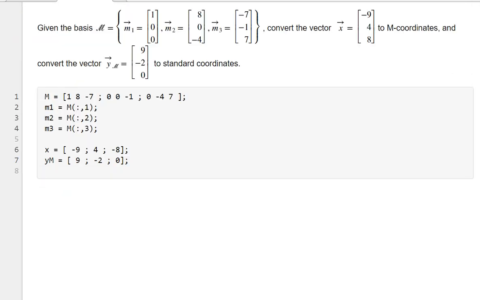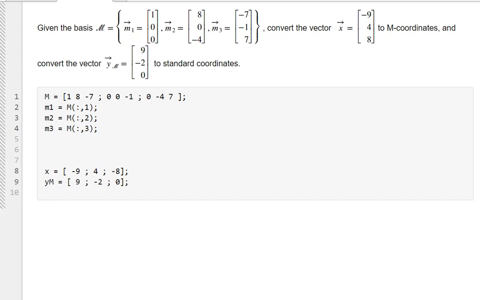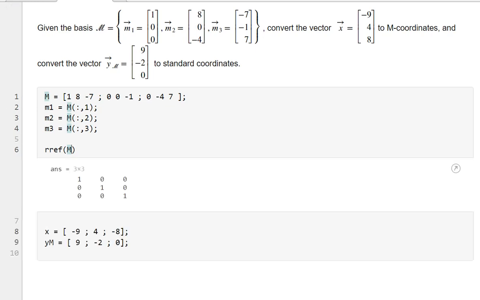Let's take a look at an example with 3 dimensions. So here, the 3 vectors m sub 1, m sub 2, and m sub 3 are a basis for R3. Oh, I said we should check. So let's actually do this and show it. How do we verify that this is a basis for R3? Well, we do the row reduced form of M and make sure that it has 3 pivots.